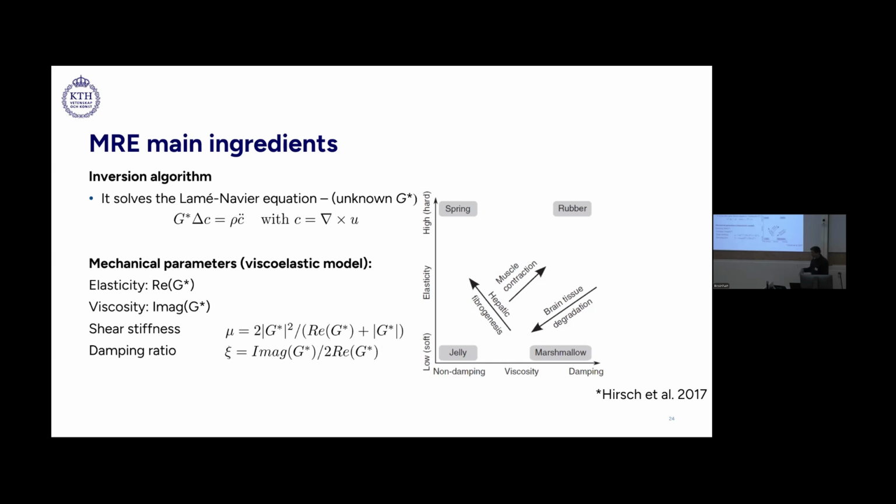Otherwise, the values will be crazy. This is not a big issue for brain, unfortunately. And usually in brain, elasticity goes down and viscosity goes down depending on the type of disease.